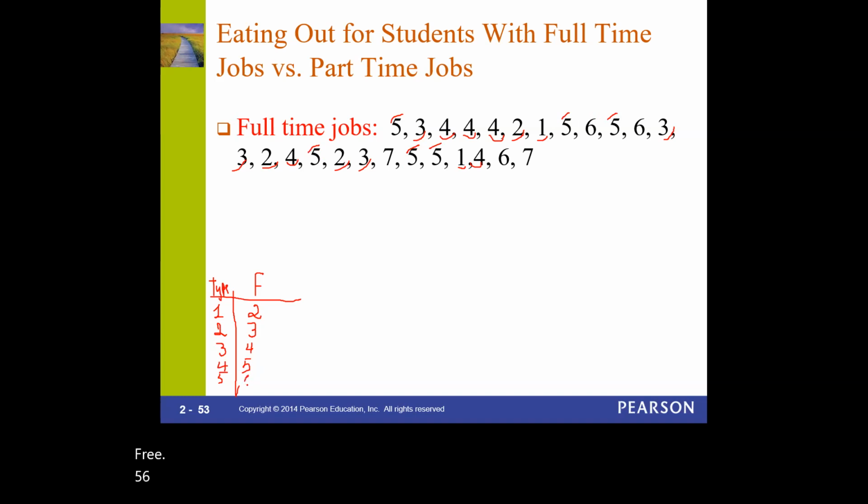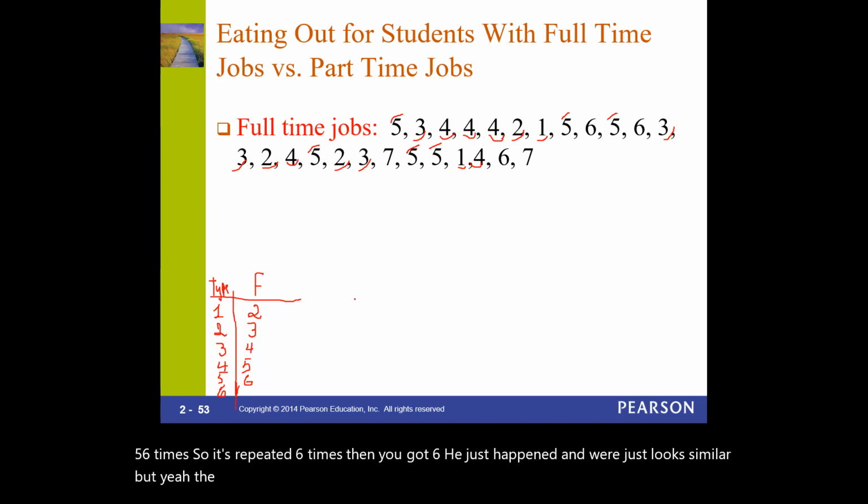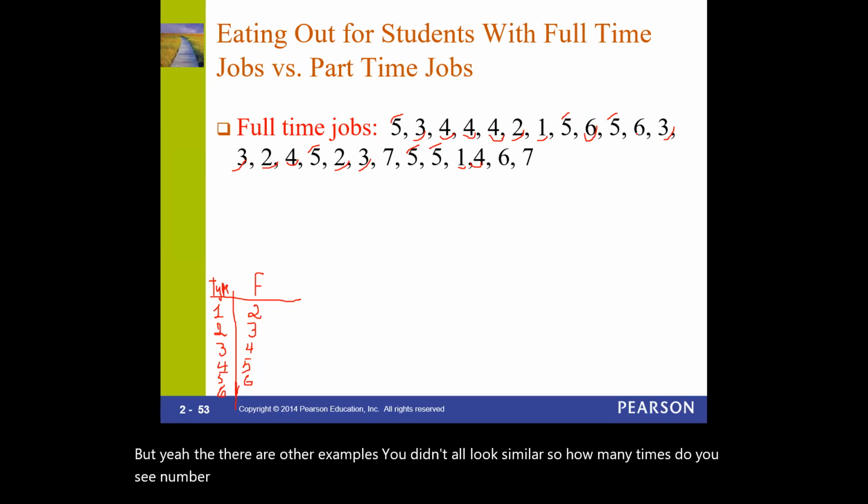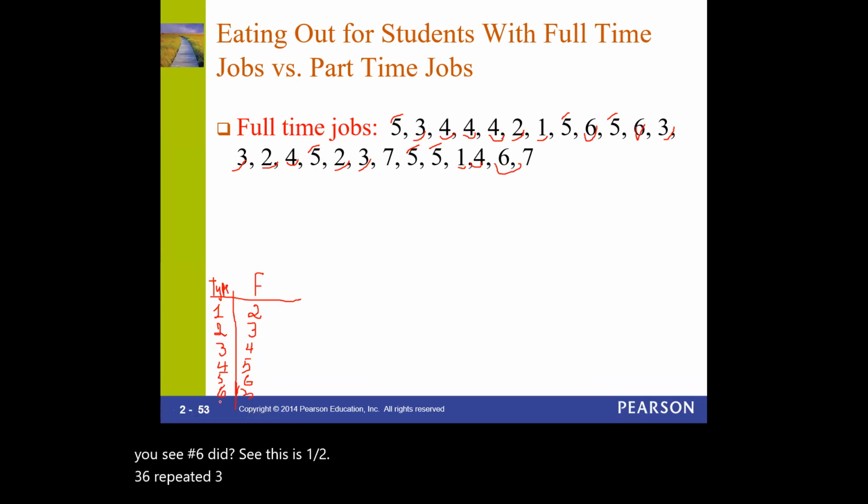Then you got number 6. The numbers just happen to look similar, but there are other examples that do not look similar. How many times do you see number 6? 1, 2, 3. 6 is repeated 3 times. Then you got number 7.